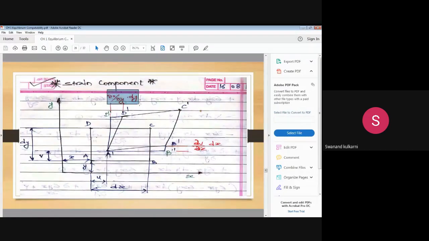Here we can understand this differentiation of u with respect to y, dou u by dou y into dy, and here dv, dou v by dou x into dx.